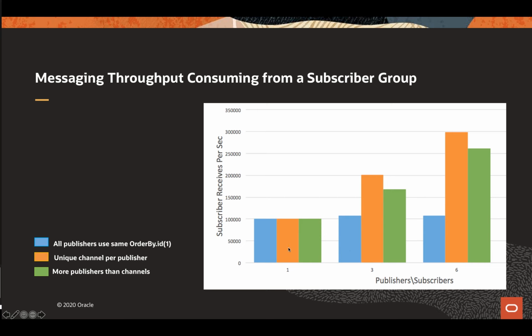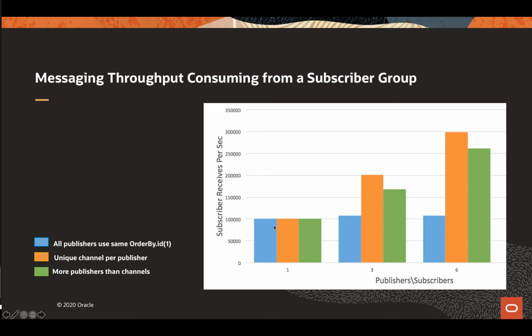Now, when we're using order by thread or order by value, the channels are an abstraction underneath that enable keeping the sent messages sequential. Then for thread and for value, we're able to scale up. When we have 1 subscriber and 1 publisher, we're at this rate.